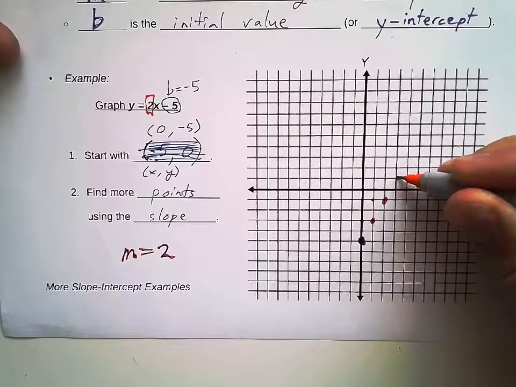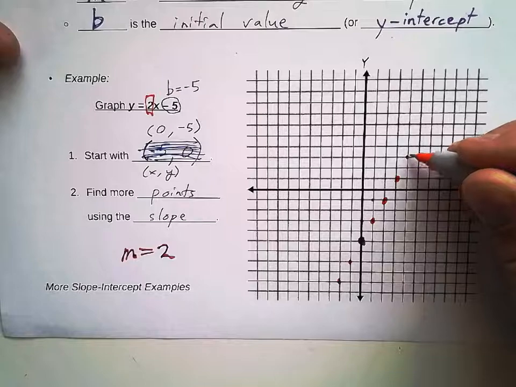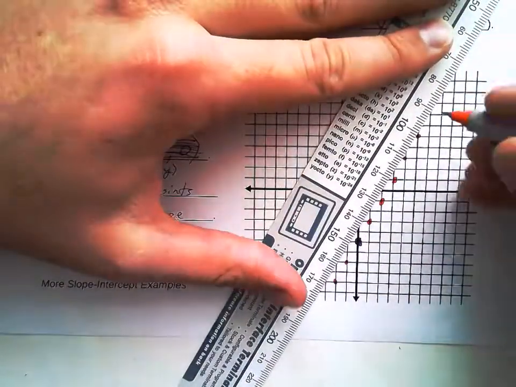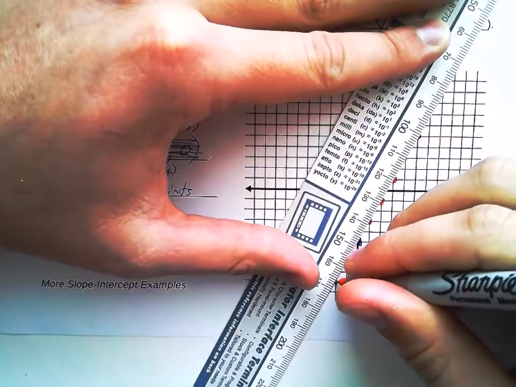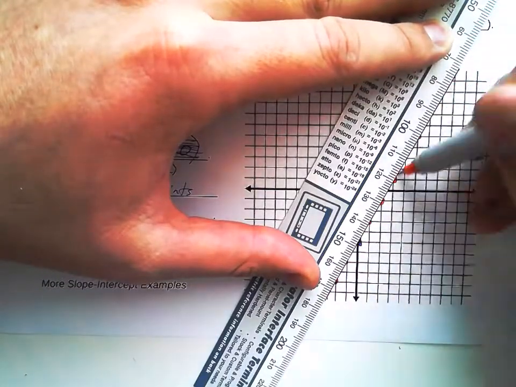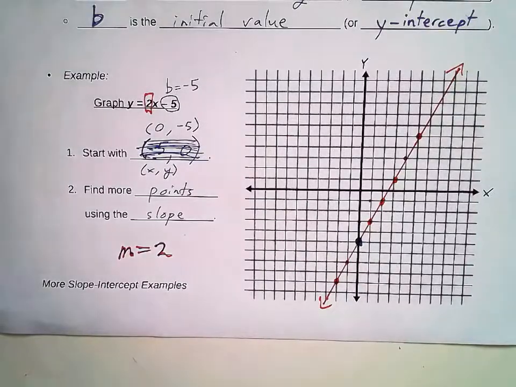And you can see how that's going. I'll use a straight edge or ruler, make this nice and straight. And there's the line.